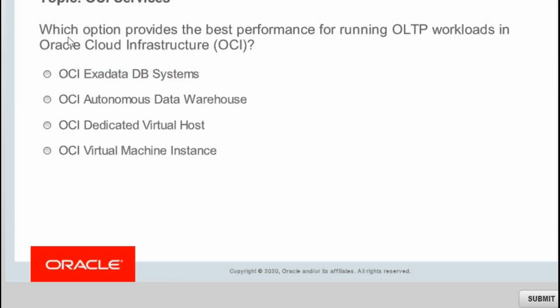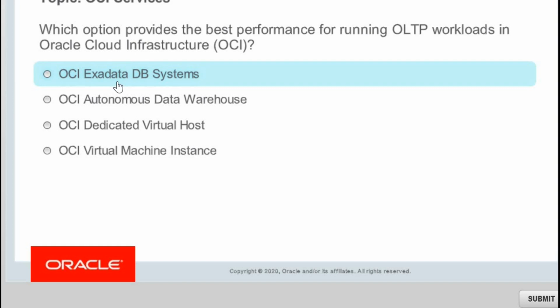Which option provides the best performance for running an online transaction processing workload in Oracle Cloud? So guys, I'm telling you, in Oracle Cloud, the Exadata DB is a very powerful system mainly built for online transactions, and it supports a high volume of online transactions very quickly.